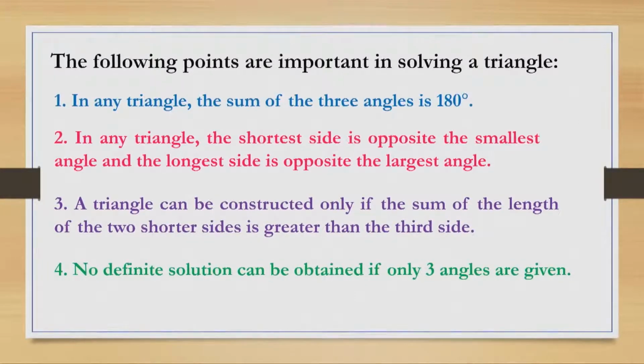Secondly, the shortest side is found opposite the smallest angle, and the longest side is found opposite the largest angle. Thirdly, a triangle can be constructed only if the sum of the lengths of the two shortest sides is greater than the third side.